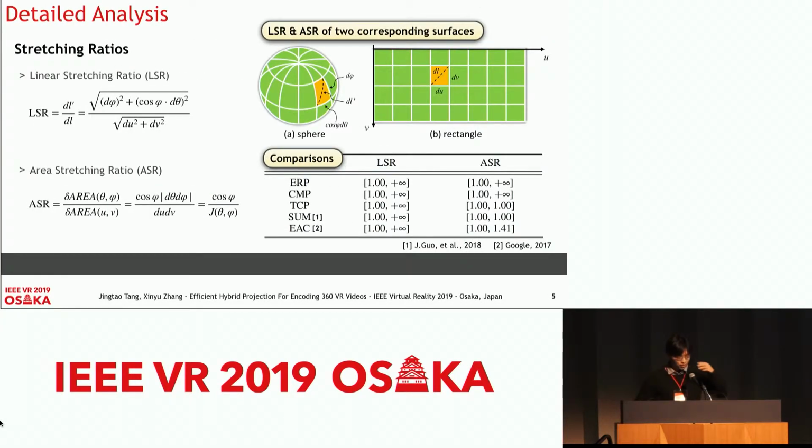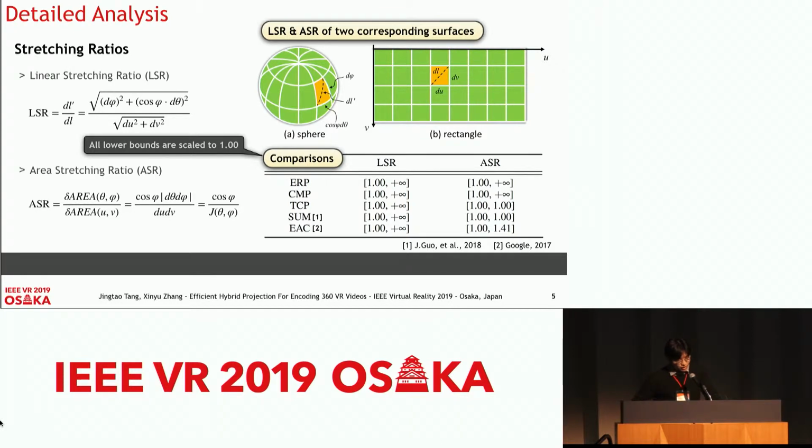In order to make a thorough analysis between these projection geometries, we used two terms to describe the distortions in the conversion process. The linear stretching ratio evaluates the one-dimensional distortions, and the area stretching ratio evaluates the two-dimensional distortions.